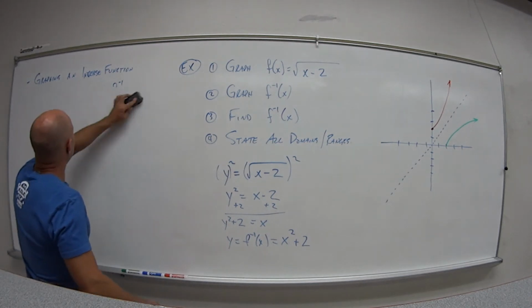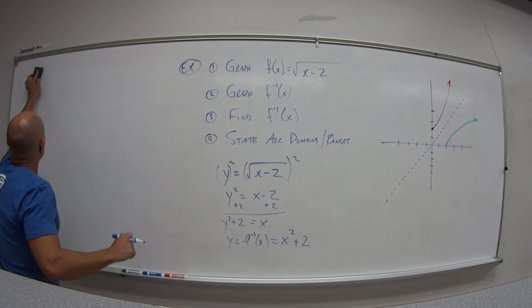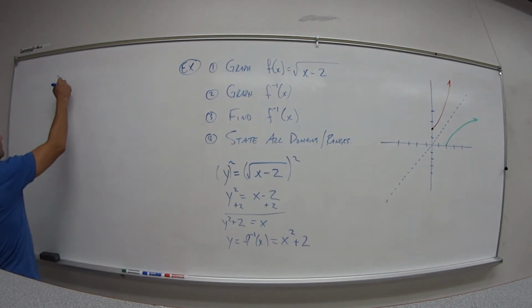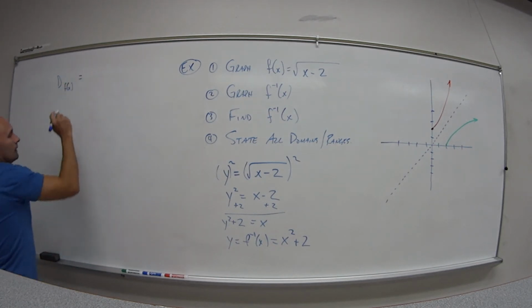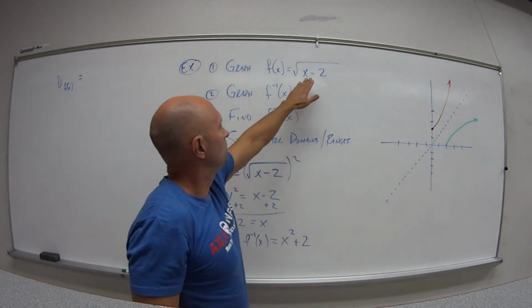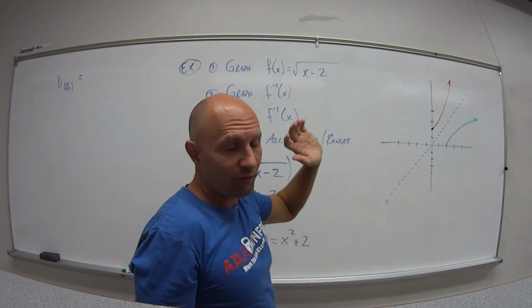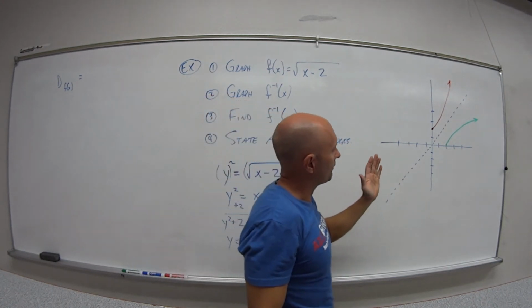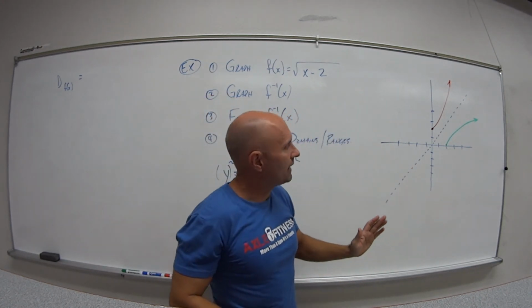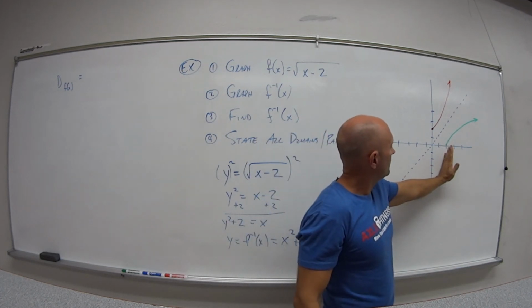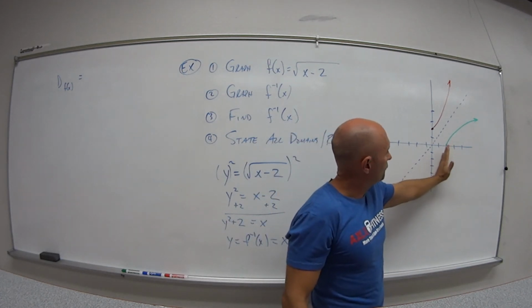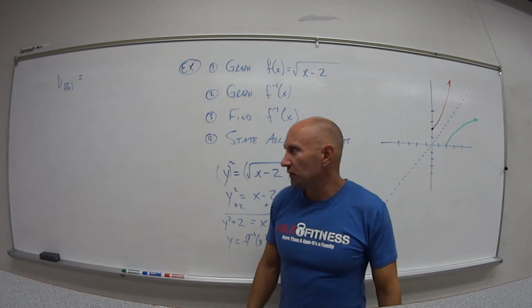So the domain of f of x is what? Well, you could set this greater than or equal to 0, solve for x and so forth, but if you have a graph, it's usually easier just to look at the graph, because domain is what? It's all the x values. So the green starts at where? Positive 2 and goes all the way to positive infinity.